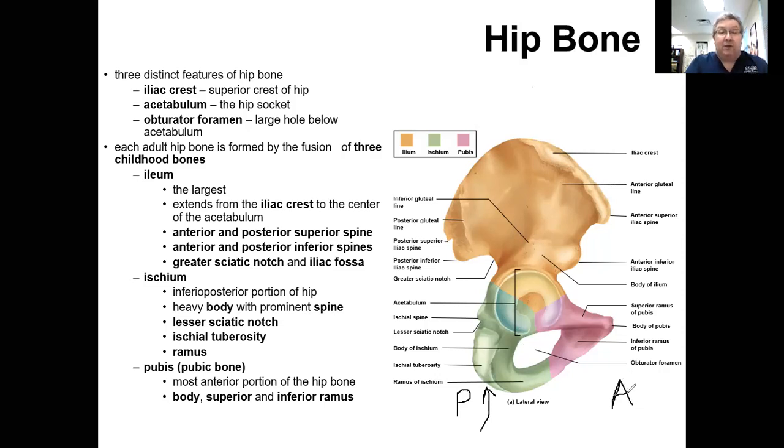And that's important to know because there are a lot of landmarks on this hip bone that you need to know. The first one is this area right here. This is known as the anterior superior iliac spine. All you have to do is call it the ASIS.